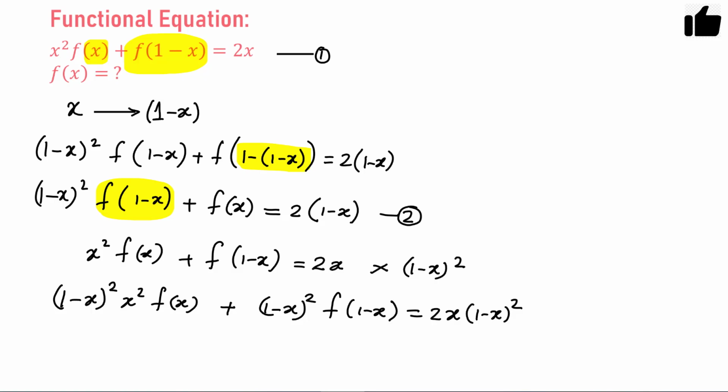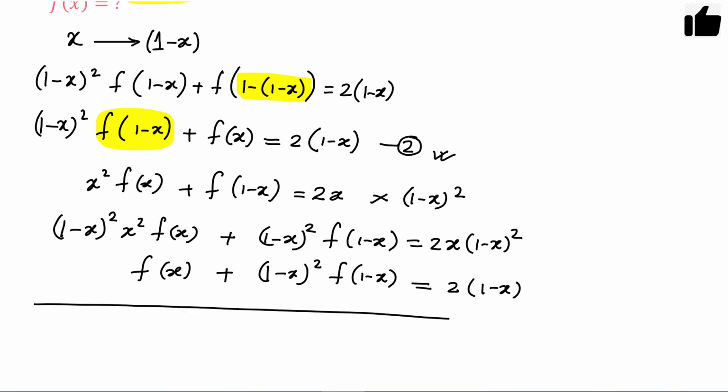The first term is (1 minus x) whole squared f(1 minus x), and the second term is f(x), and this is equal to 2 times (1 minus x). So this is your equation 2.